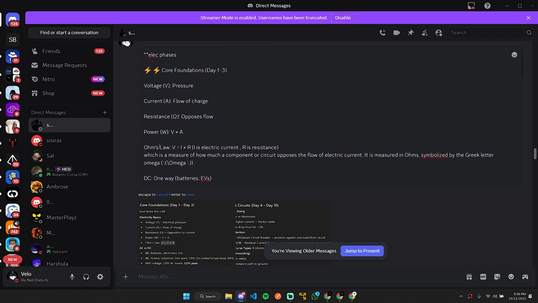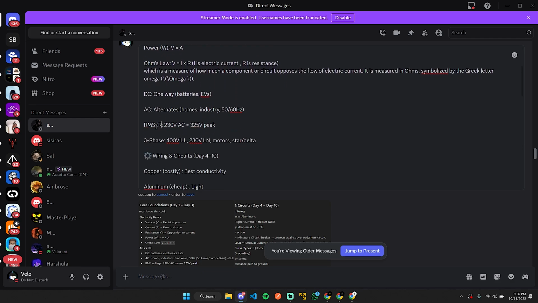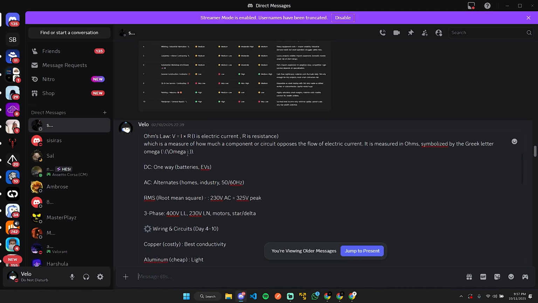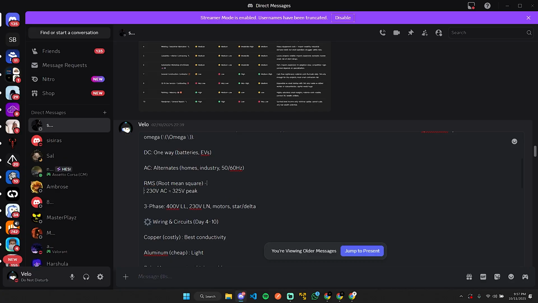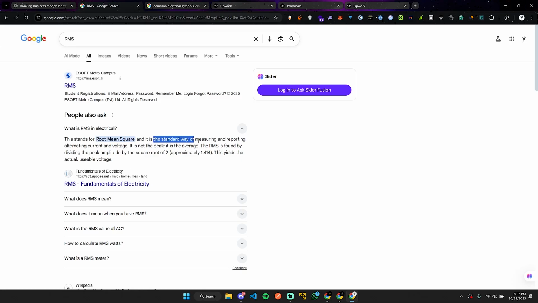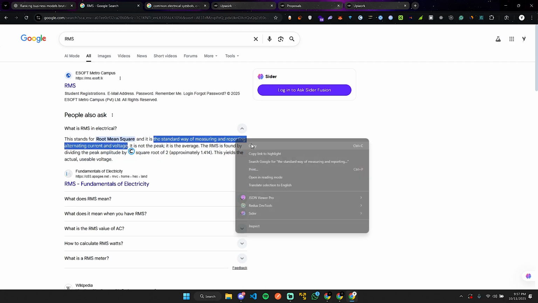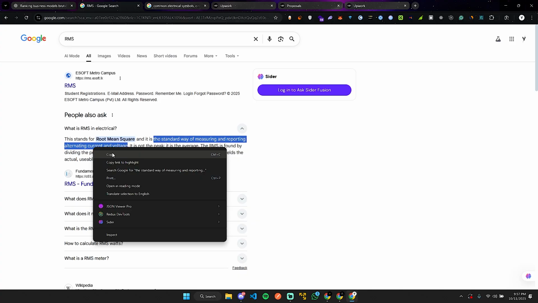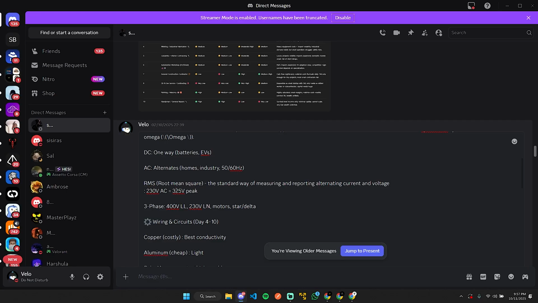Let's go back to RMS, root mean square. It's the standard of measuring and reporting alternating current and voltage, right? So let's put that here.